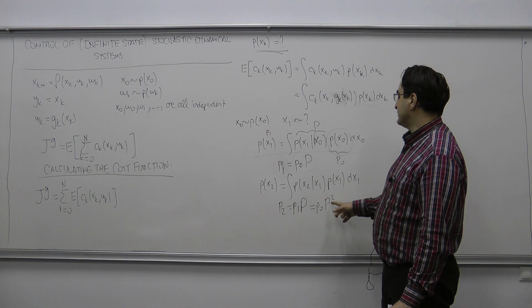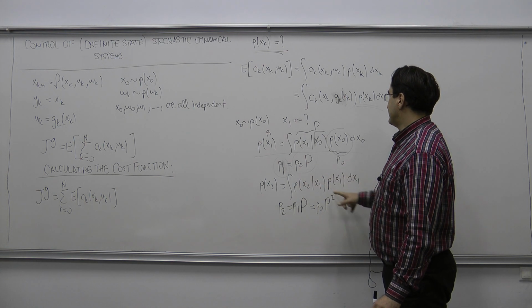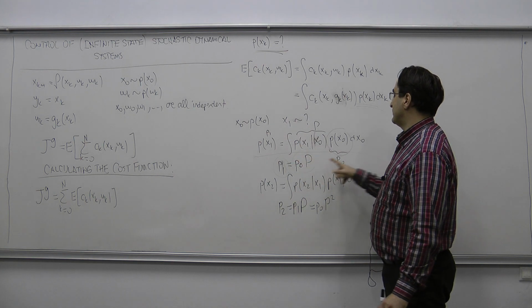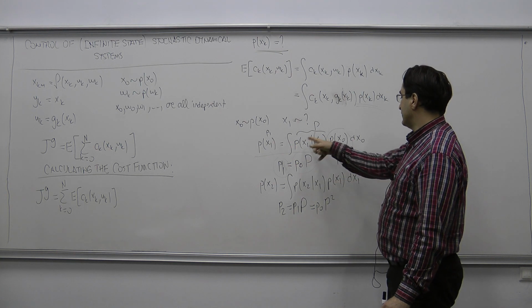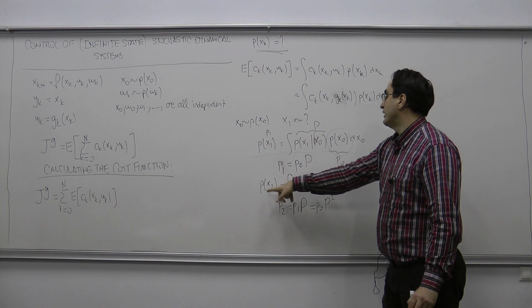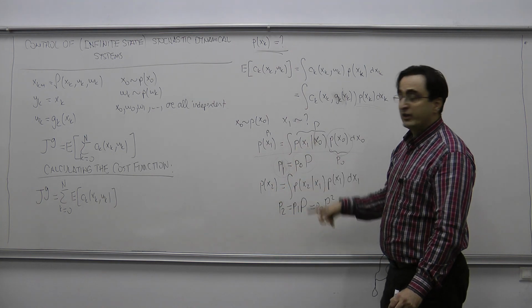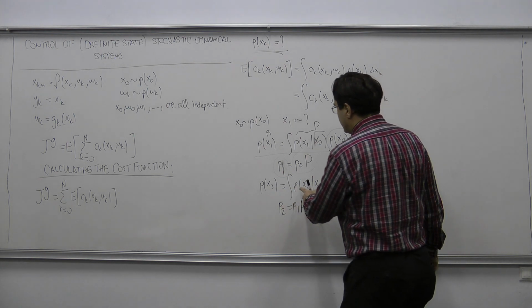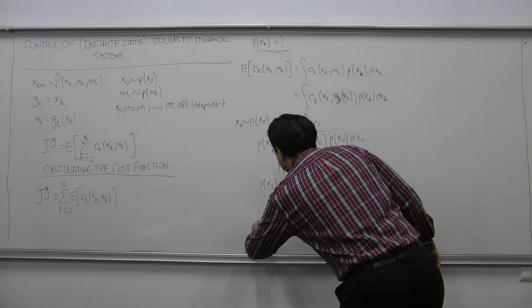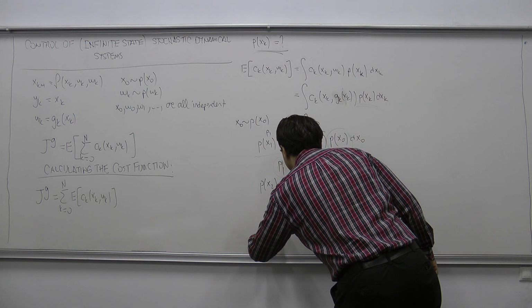In that case, of course, instead of this P of x1, you can substitute this integral here, and then you can try to calculate P of x2 using double integrals. Okay, but there is an easier way, and it is to use the two-step transition PDF.